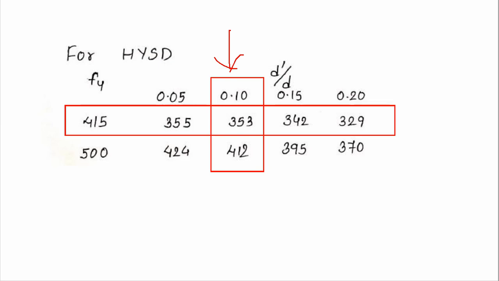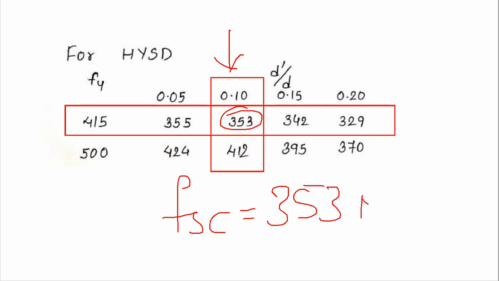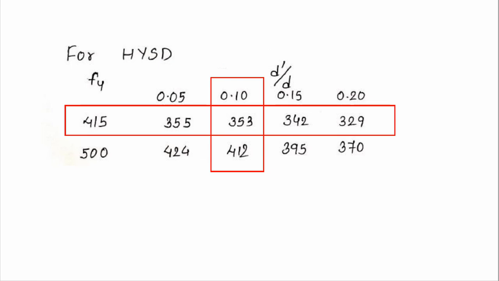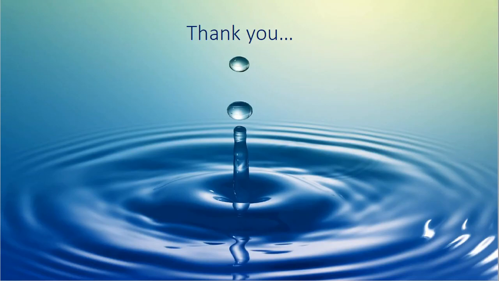So we will only remember this value, that is 353. We will take FSC equal to 353 Newton per mm square for Fe415 bars. Clear? This will be very helpful in solving your numericals. So we will stop at this point, and we will start numericals from the next video. Thank you.